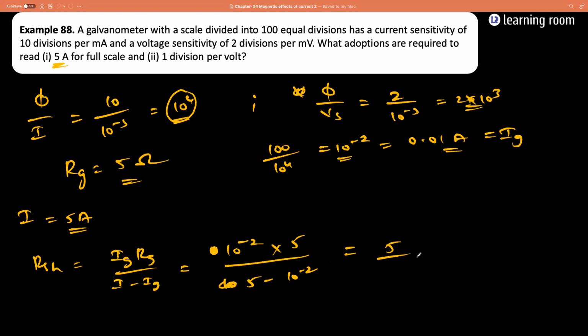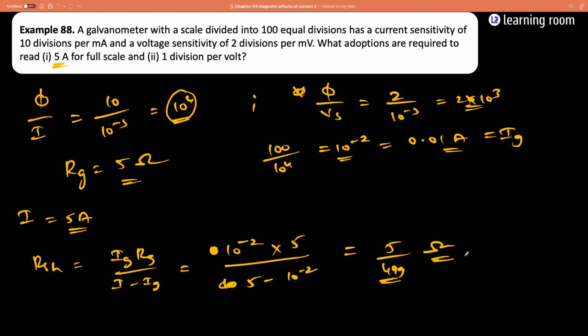So it will be 5 divided by 499. Check it: if you take the LCM, 500 minus 1 divided by 100, the 100 goes to the numerator, 10 power minus 2 and 10 power 2 cancel, and you are left with 5 divided by 499 ohm. This is what we need to connect to convert it to an ammeter.